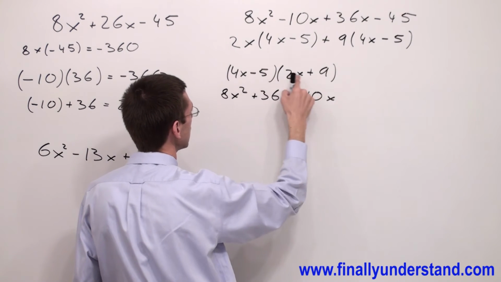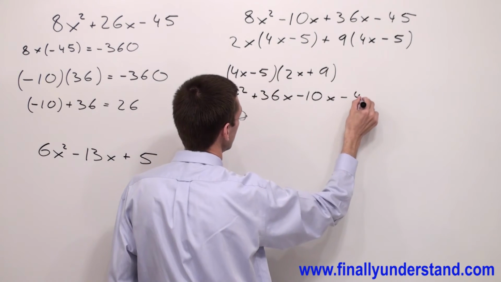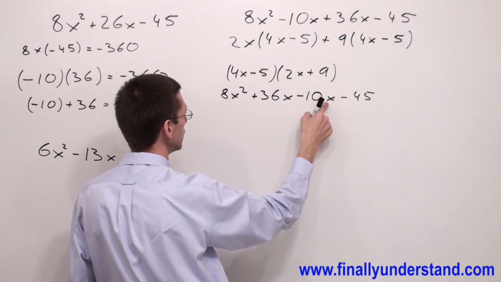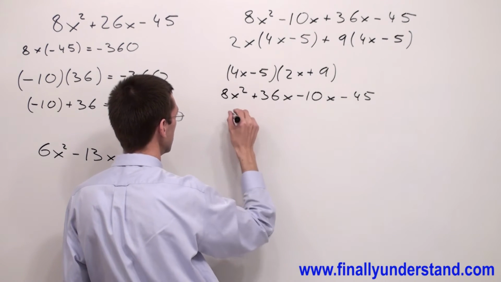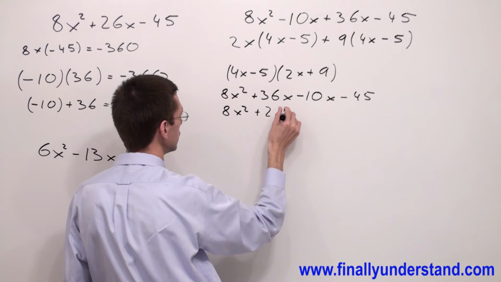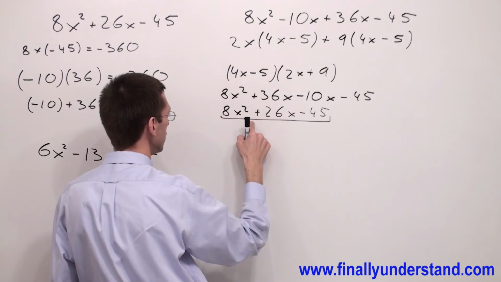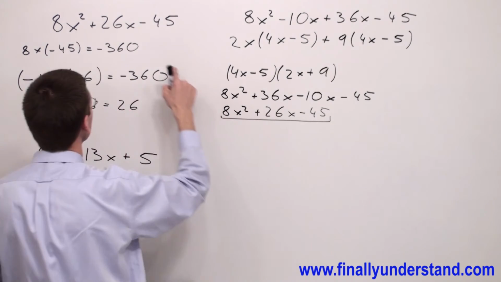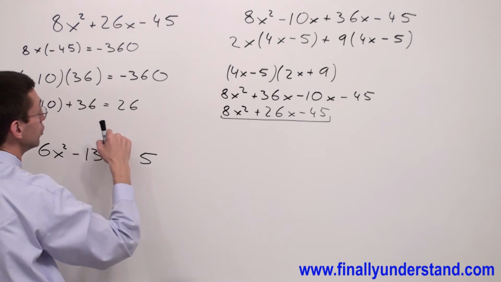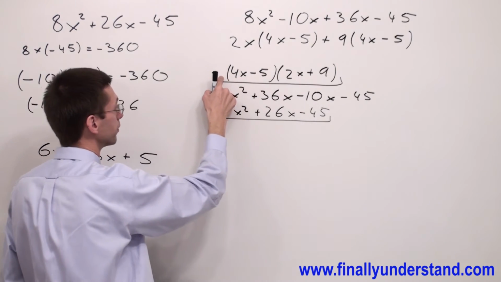Minus 5 times 9 is equal to negative 45. 36x minus 10x, I combine the like terms. I have 8x squared plus 26x minus 45. As you can see, we got the original expression, the quadratic trinomial. So this is the solution to my problem.